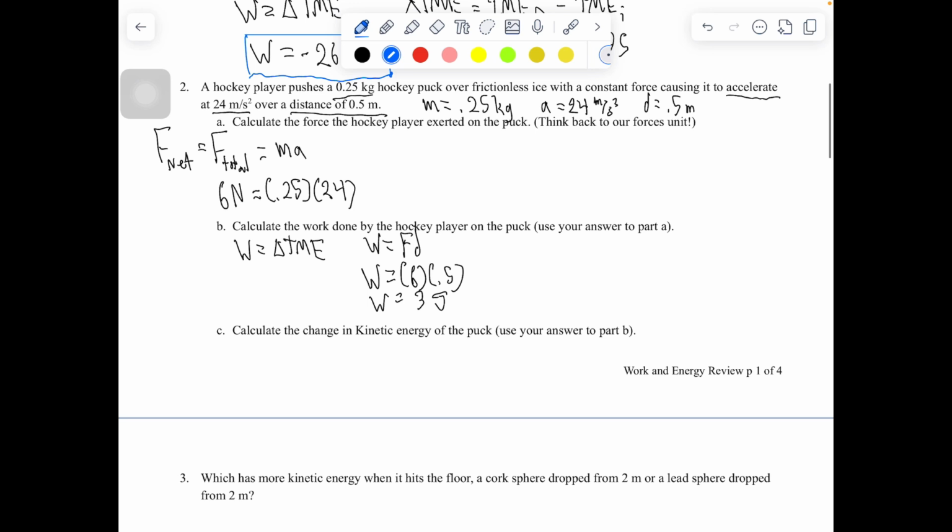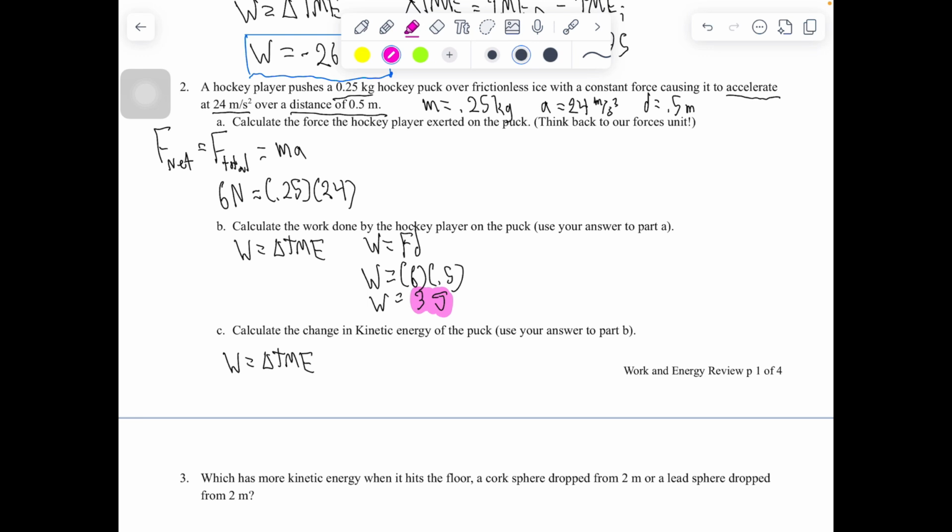Part C, calculate the change in kinetic energy of the puck. We're using our answer to part B. We're going to use our definition of work as a change in total mechanical energy. We just copy this equation, put it down here. Work is the change in total mechanical energy. So if our work is 3 joules, then we're saying that the change in total mechanical energy is 3 joules.